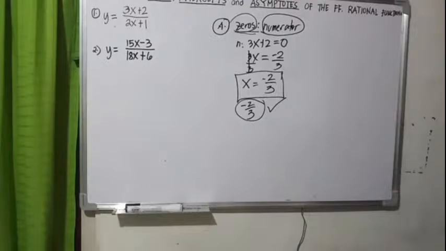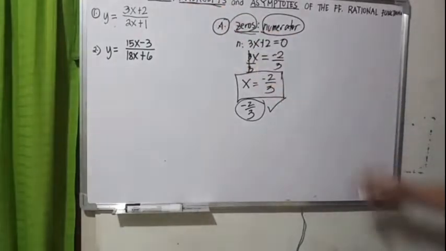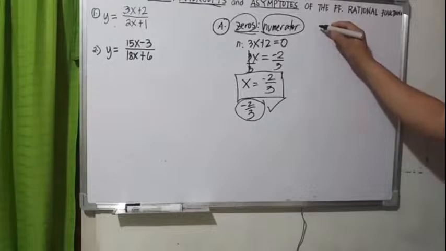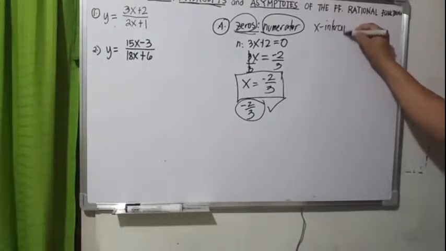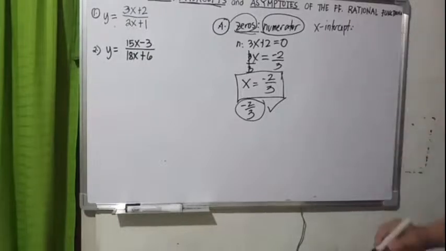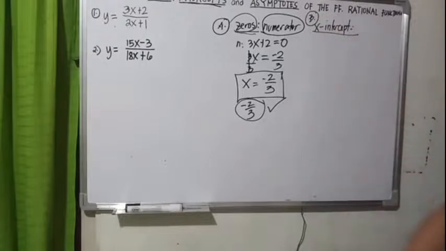How about for intercepts? That is x and y intercept. How to find the x-intercept? Letter B. Tandaan, ito yung shortcut.